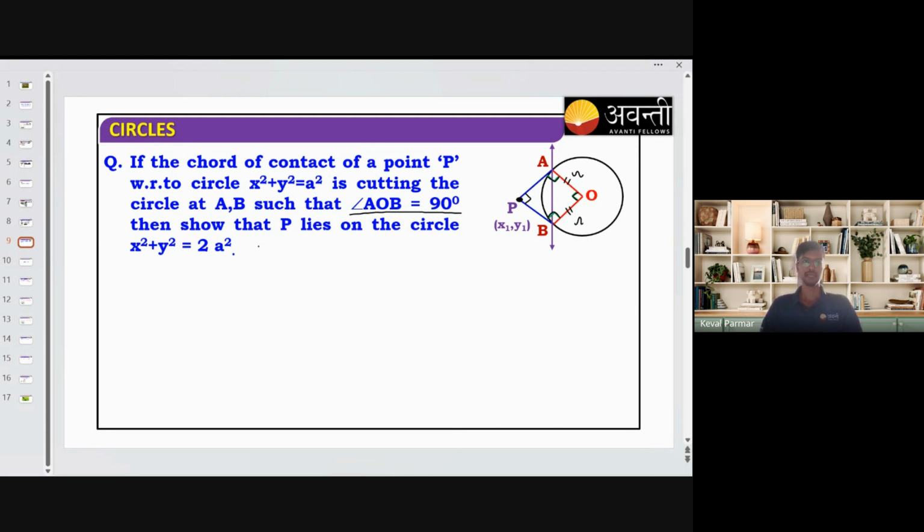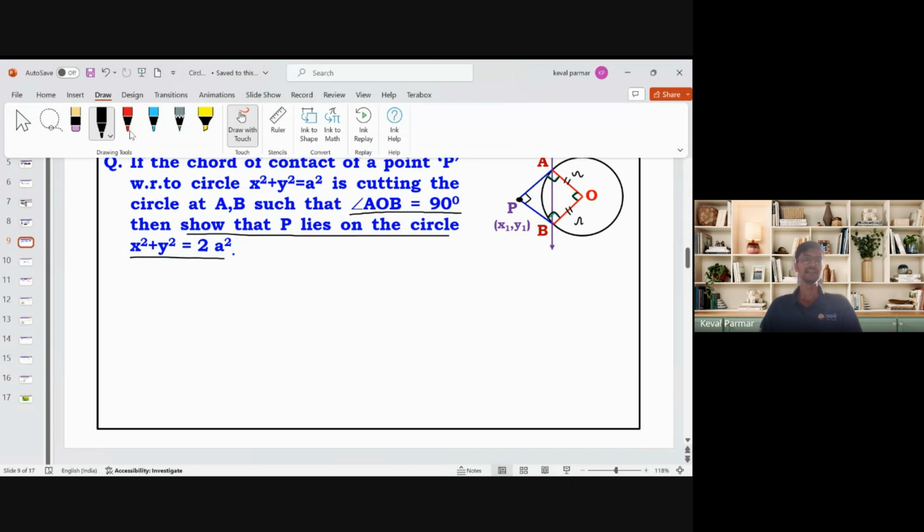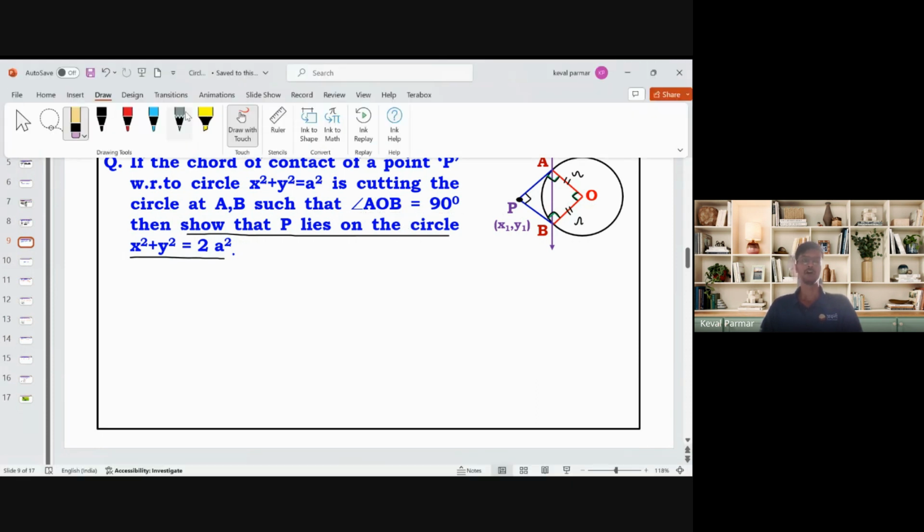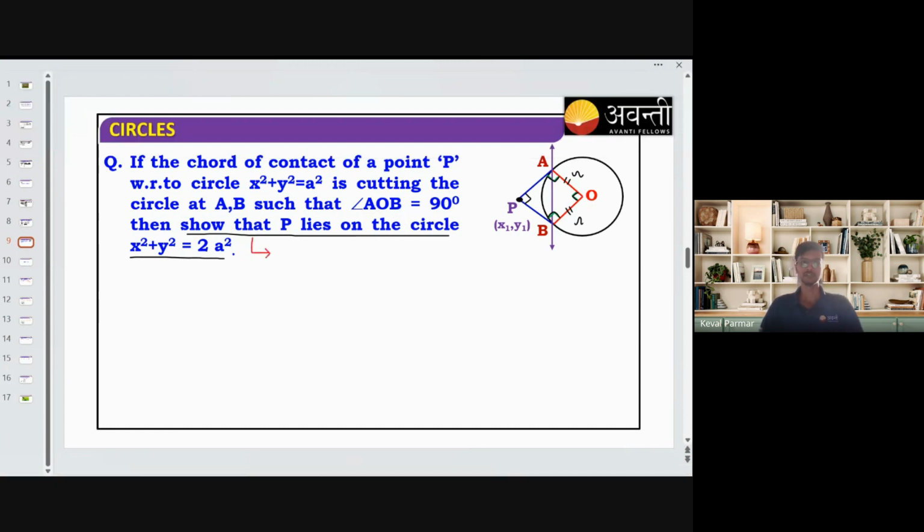So we have to show that P lies on this circle. Now, this is a very general way of asking a question based on locus. What does this mean, guys? Show that P lies on the circle means the locus of point P is x square plus y square equals 2a square.